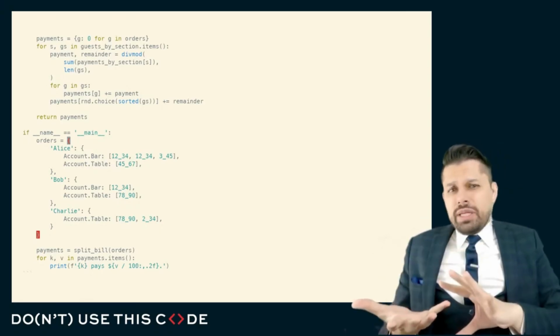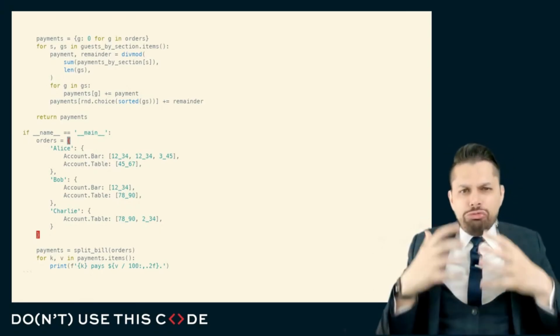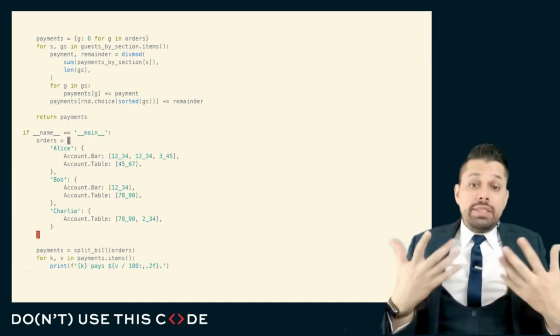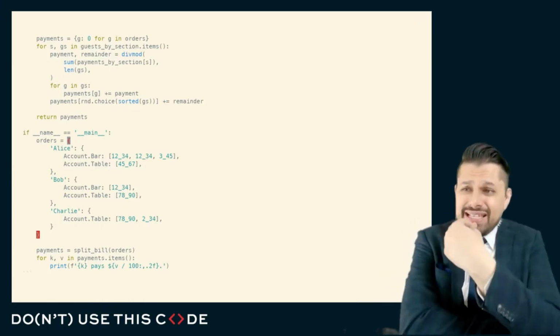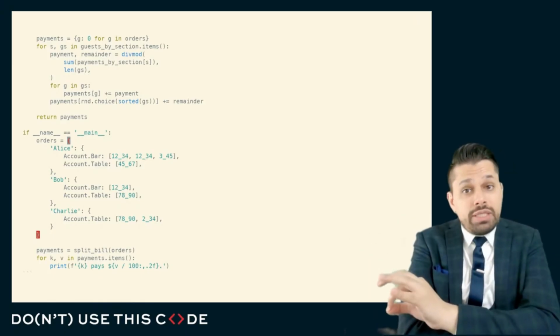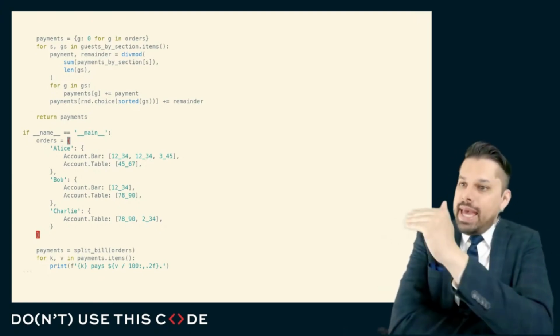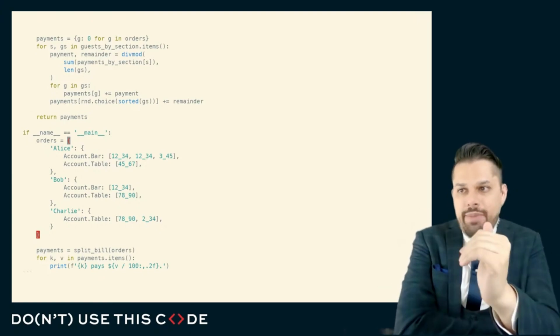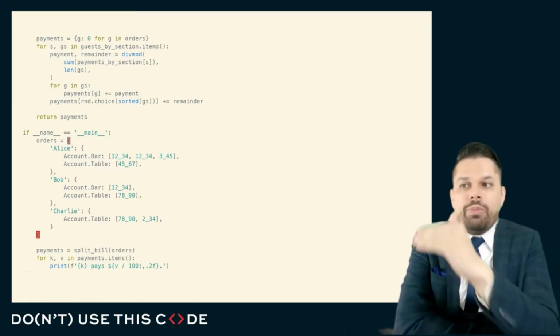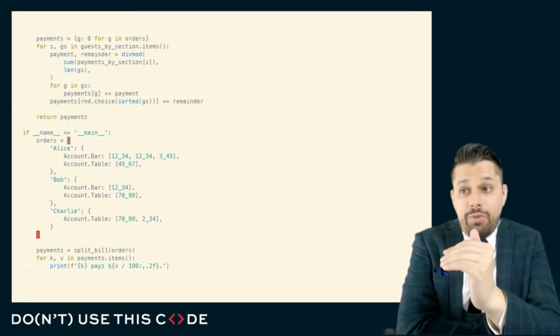However, an intermediate user might often find that really simplifying that modeling is still quite challenging. And in fact, in this case, I would say this does simplify the modeling slightly. We no longer have that early-late distinction. Instead, we more directly indicate Alice was there for the bar bill and the table bill. Bob was there for the bar bill and the table bill. Charlie was there only for the table bill.